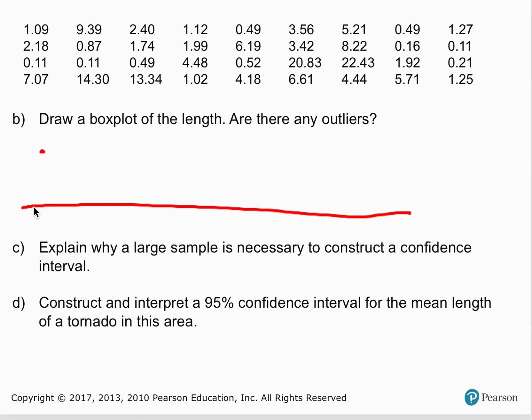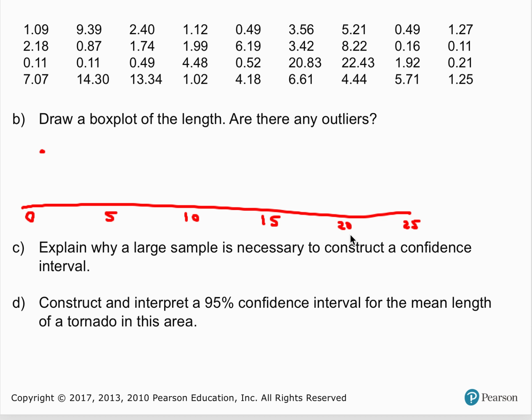I'm going to do a number line. Let me scroll way over and see what that's at. Oh yeah, I'm at 22 something. So I'm going to start at 0. 5, 10, 15, 20, 25.